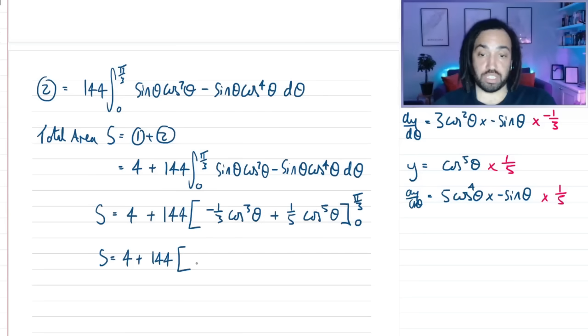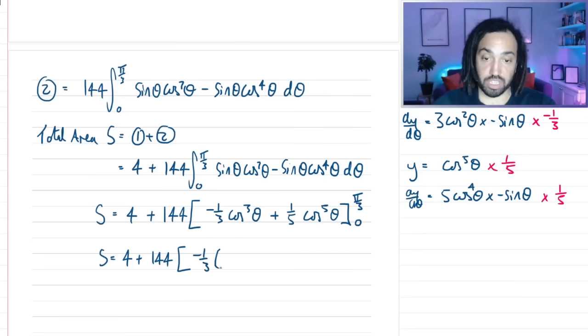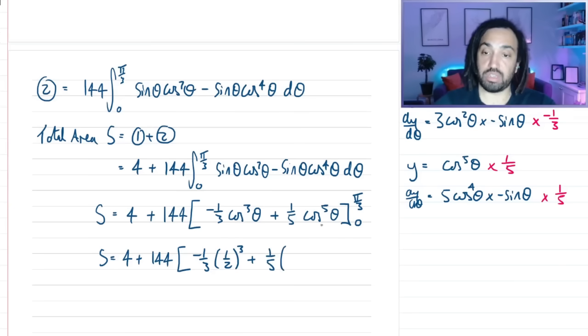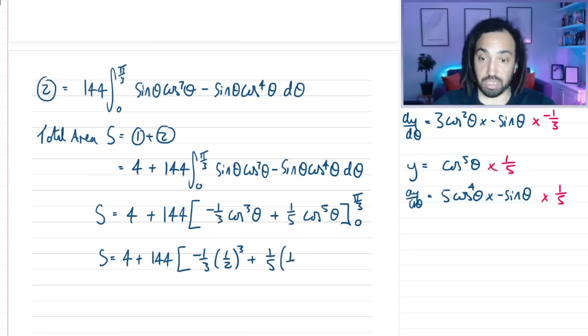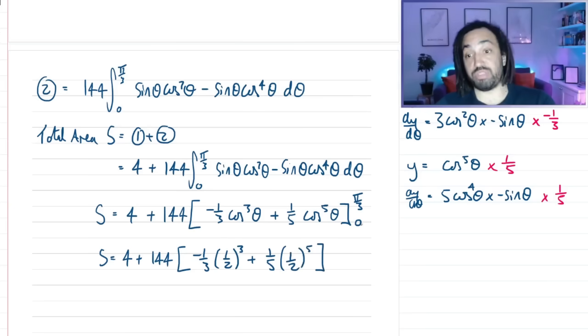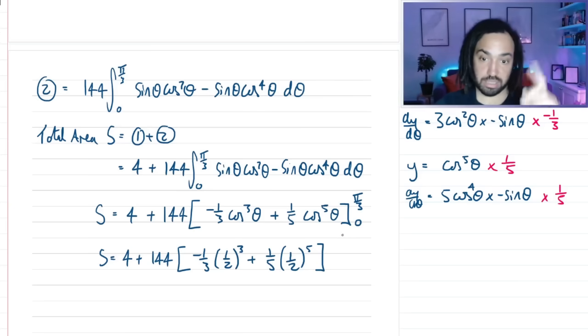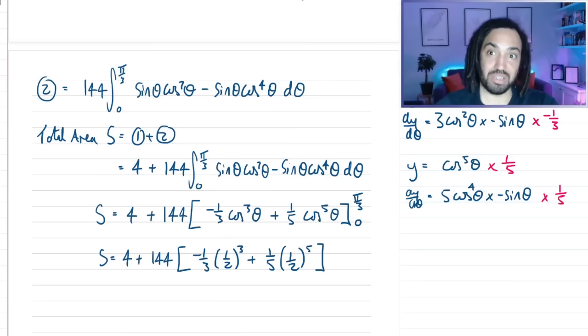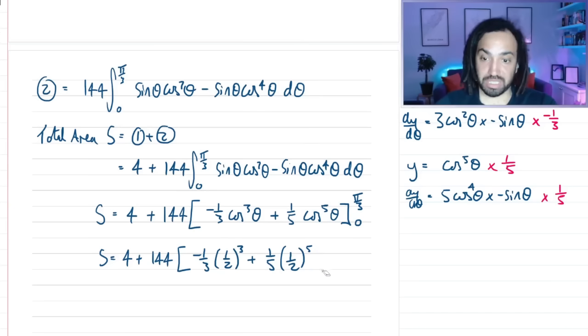Cos of pi over 3 is a half, so this is -1/3, a half to the power 3, plus 1/5, a half to the power 5. And then when we sub in 0, careful, when we sub in 0, we do actually get values for cos, don't we?